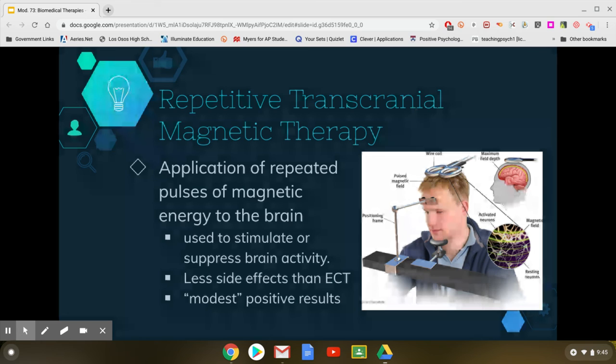One of the things I didn't say, one of the main side effects of ECT is some short-term memory loss in particular. But its effects or its results aren't as strong as what we see with ECT. So it's a trade-off there, and that would be something that a clinician would weigh their options of side effects versus effectiveness for that individual patient.